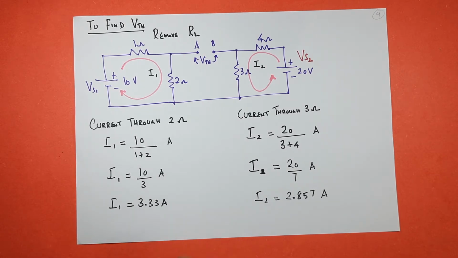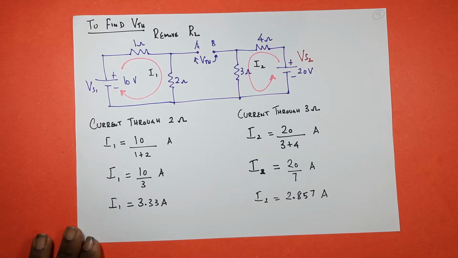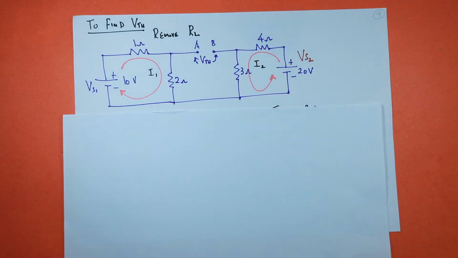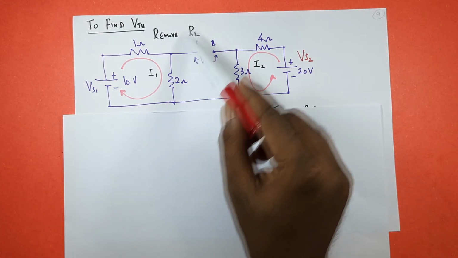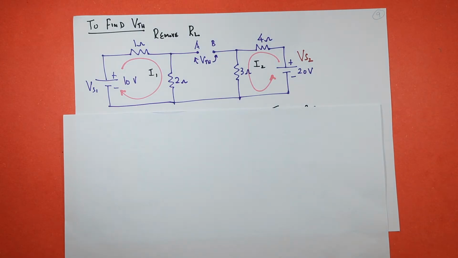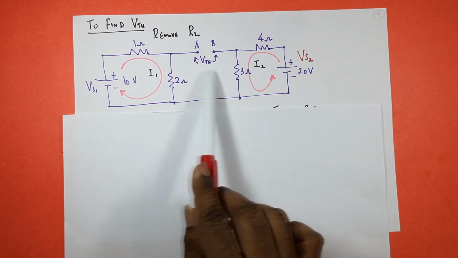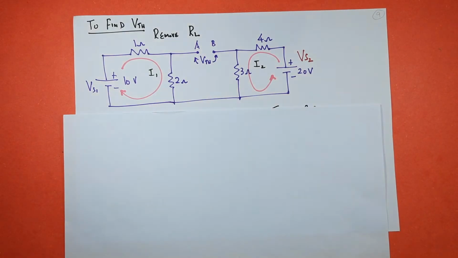Next what we are going to do is find out V Thevenin. Here also you have to remove RL, but you have to keep the voltage sources. So we have removed RL across the terminal AB, and the voltage across the open circuit terminal AB is nothing but V Thevenin.